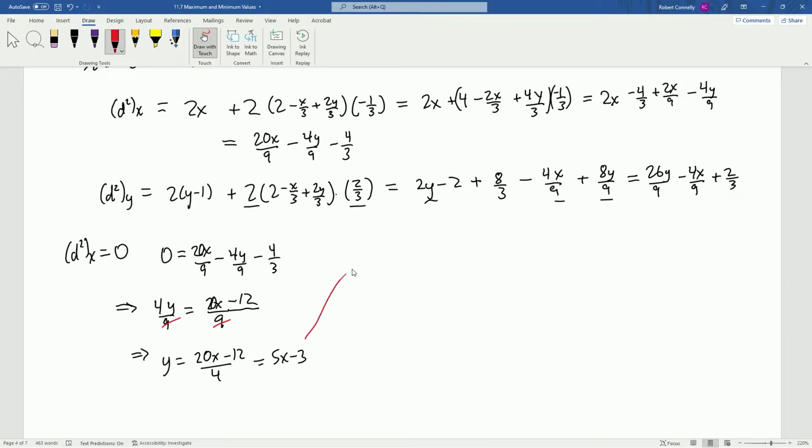Now we'll take this result and we'll plug it into what we get for the derivative with respect to y equal to 0. So 0 equals 26y over 9 minus 4x over 9 plus 2/3.